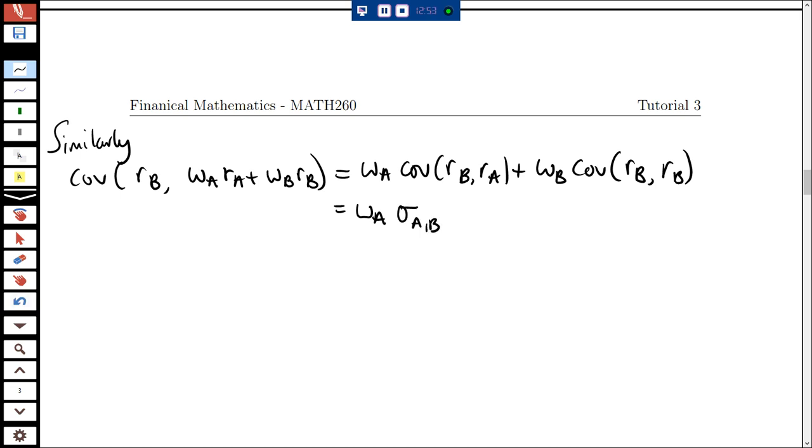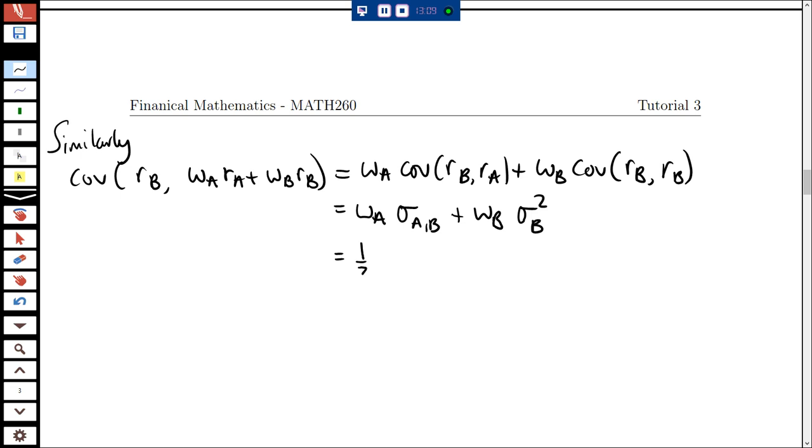Okay, it's commutative, AB, BA, you can swap them around. And return on B, which is the standard deviation squared, yeah, the variance. Okay, drop them all in.